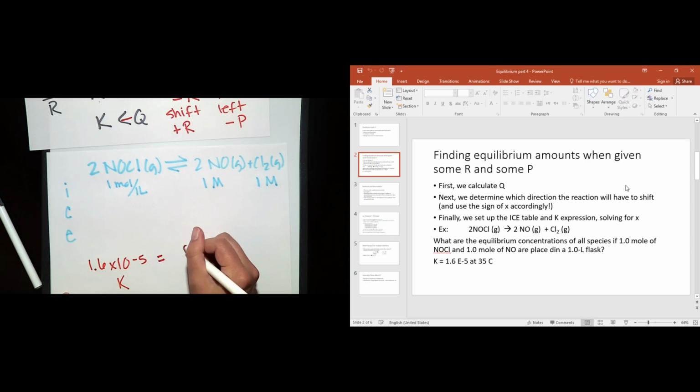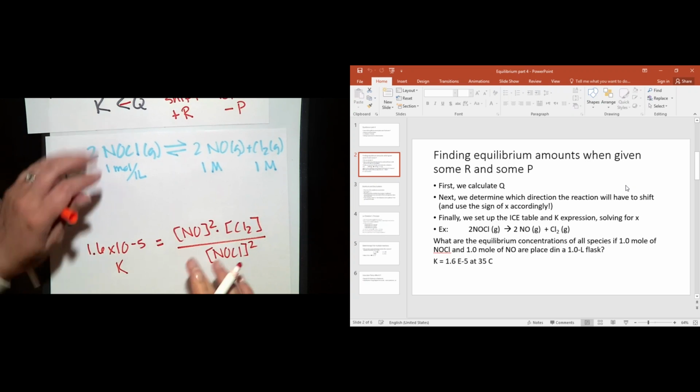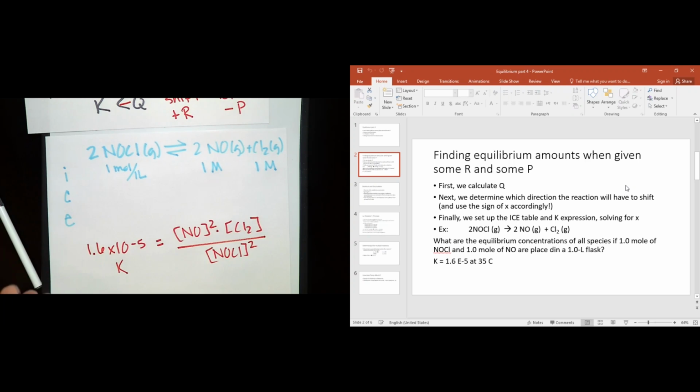So now I'm going to set up my K expression, NO squared times chlorine, and then on the denominator, NOCl, entire quantity squared. Okay, so I can put these values in. This one is pretty straightforward. 1 squared times 1 divided by 1 squared is 1.